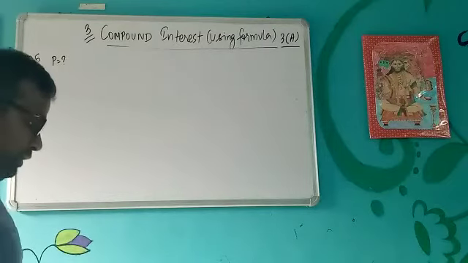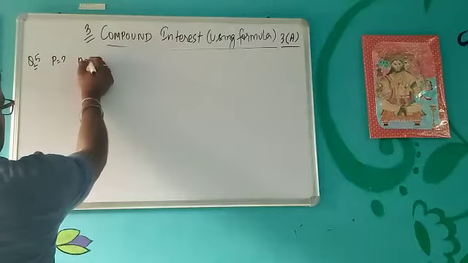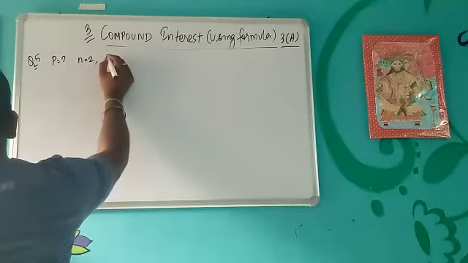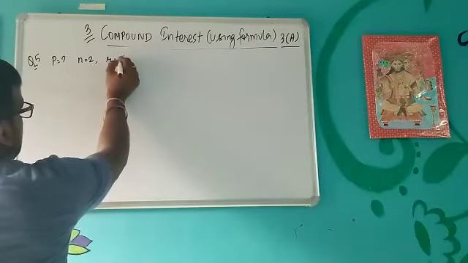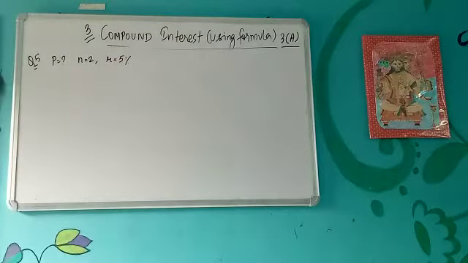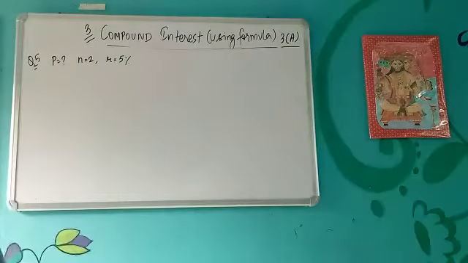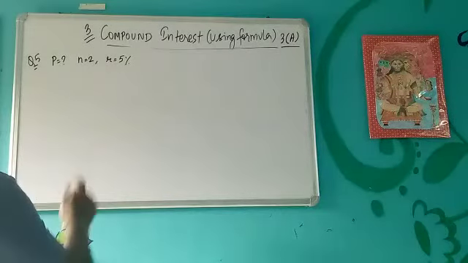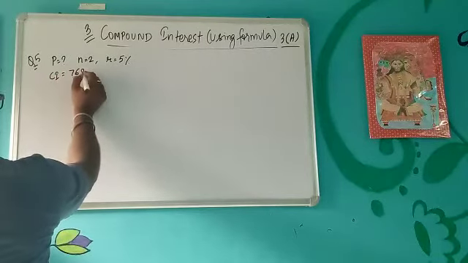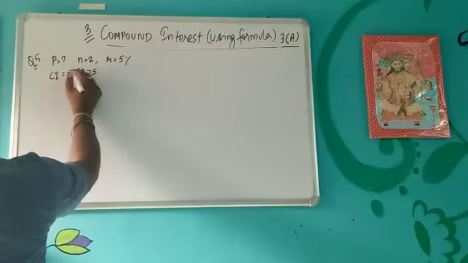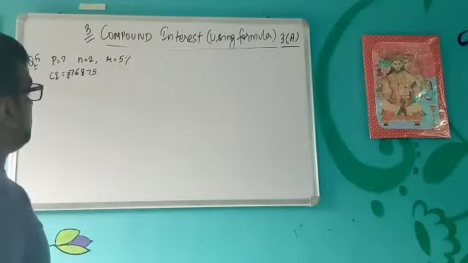The compound interest for 2 years, so n is 2, at 5% per annum, is given as 768 rupees 75 paisa. So we have to calculate P in this.